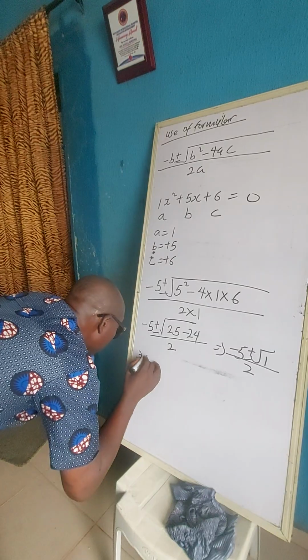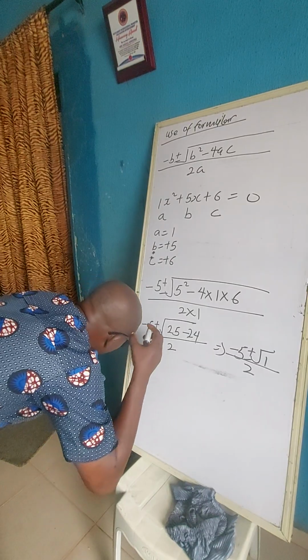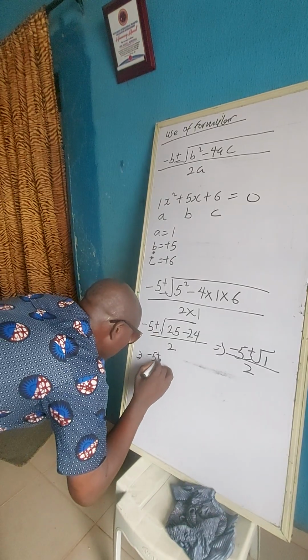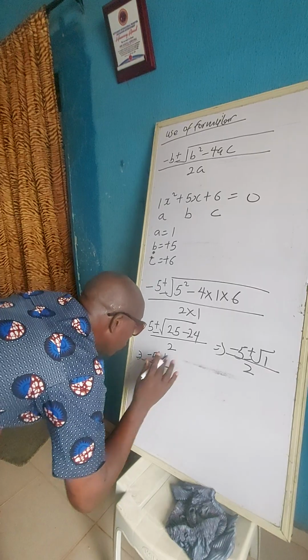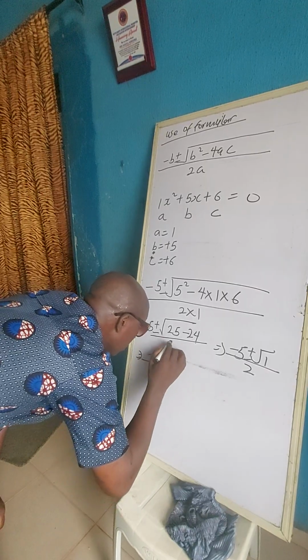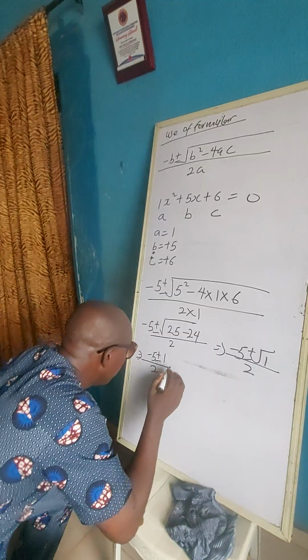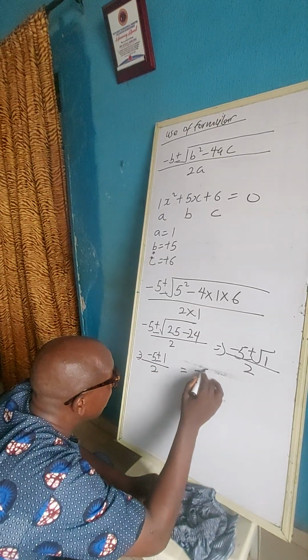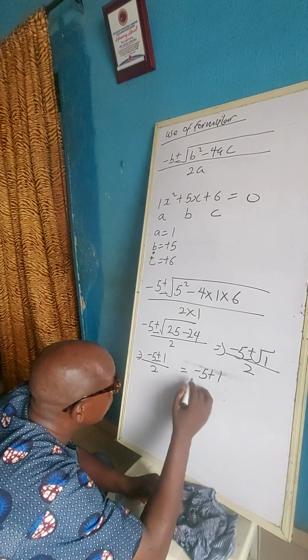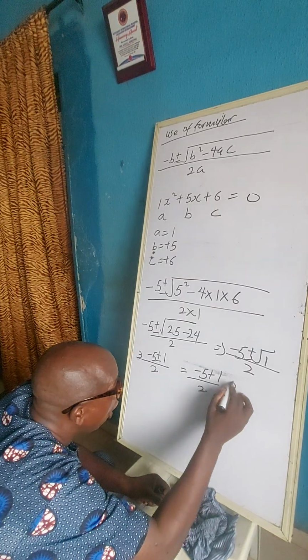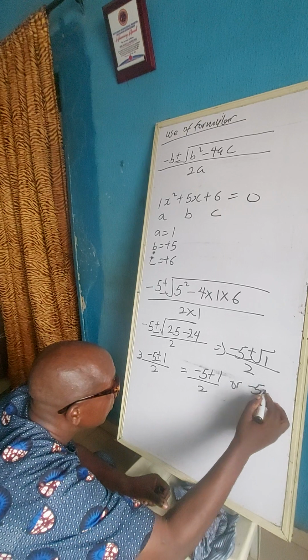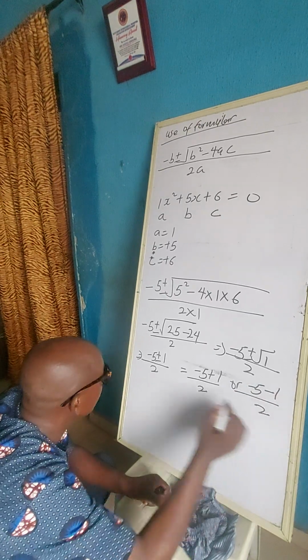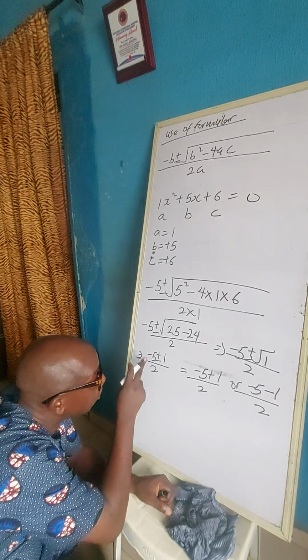It means minus 5 plus or minus 1 over 2. It means minus 5 plus 1 over 2, or minus 5 minus 1 over 2, because this one is plus or minus.